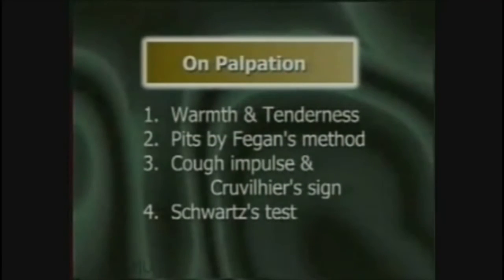So to revise, on palpation, we first palpated the length of the vein for warmth and tenderness. Then we emptied the vein and palpated the deep fascia under it by Fagan's method for palpable pits. Then we tested for cuff impulse and Cruvellier's sign at the saphenous opening and performed the tap test or Schwarz test.